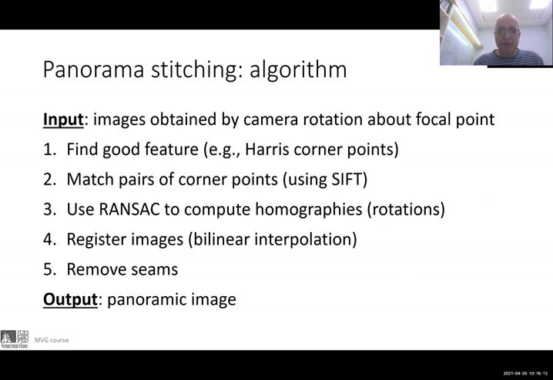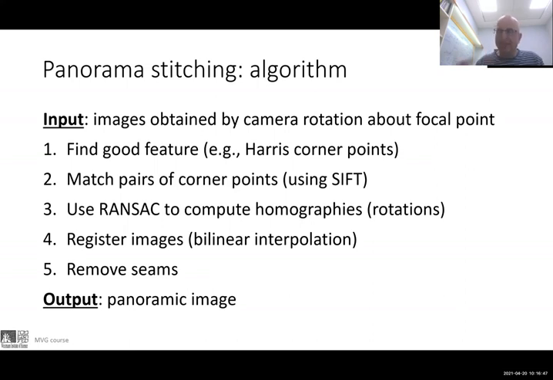The third step is to apply RANSAC to compute the homography. The reason is that we can't apply DLT directly because SIFT will produce many false matches, so first we want to discard the false matches. But once we identify the true matches, we can apply DLT also. We compute the homographies. In the calibrated case, these are rotation matrices. In the uncalibrated case, these are general homographies.